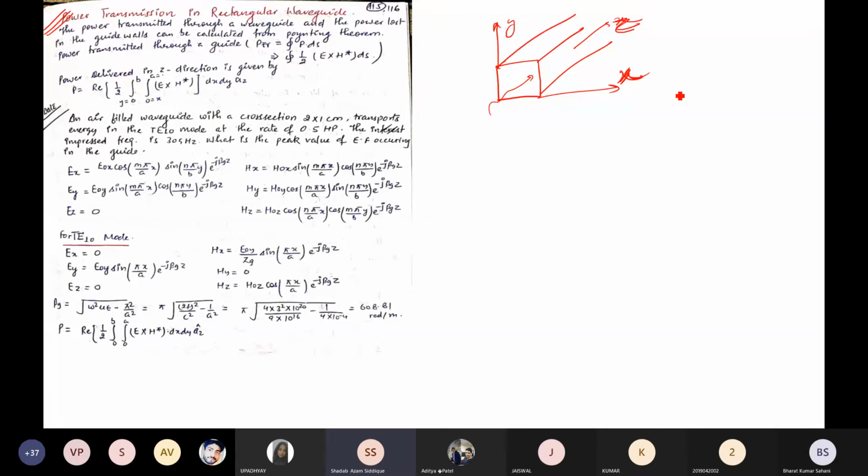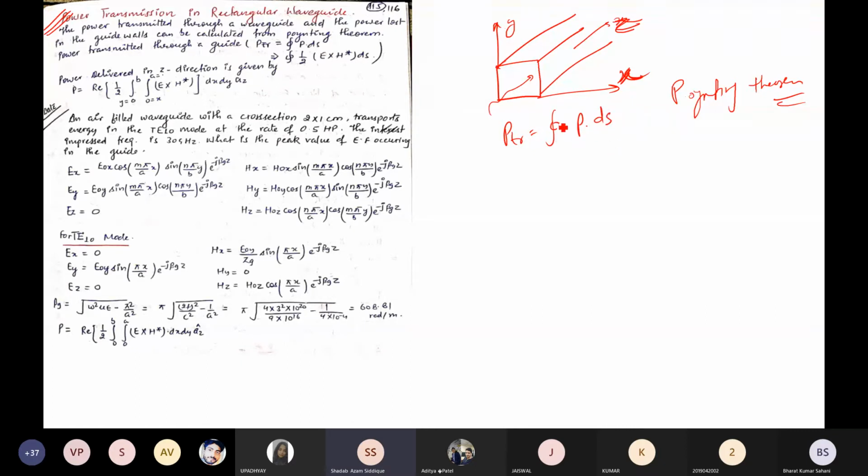So we can calculate power transmission or power loss in the waveguide wall from the theorem called the Poynting theorem. Already we are familiar with the Poynting theorem. So the power transmitted through a waveguide, P, can be written as closed integral P dot ds.